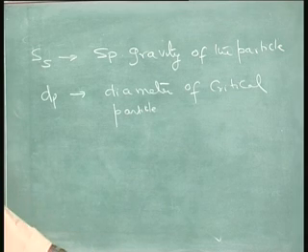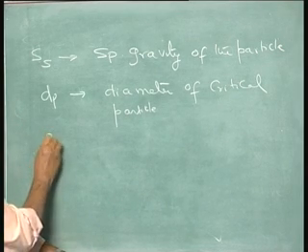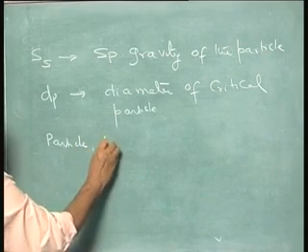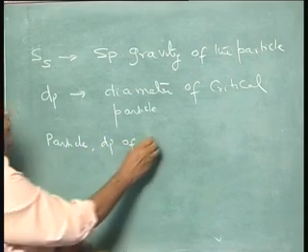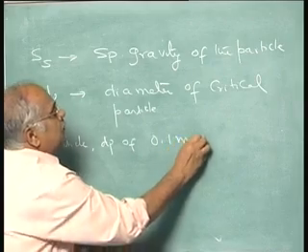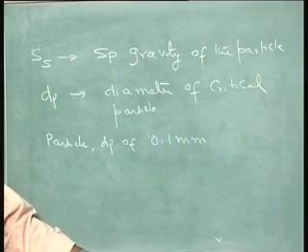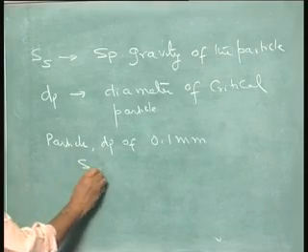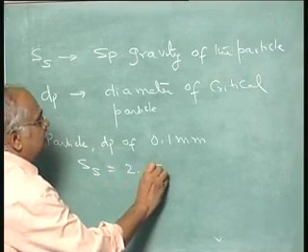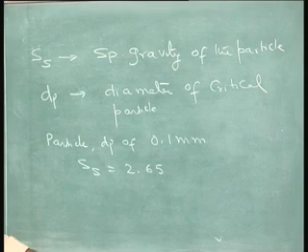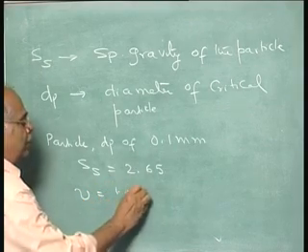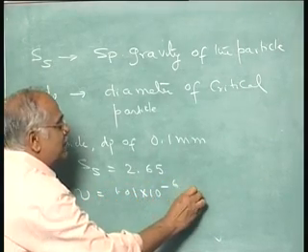Suppose if I want to remove a particle with a diameter dp of 0.1 millimeters, the diameter of the grit, and then Ss is equal to 2.65, specific gravity is 2.65, and then nu, kinematic viscosity, is 1.01 into 10 to the power of minus 6 meter square per second.